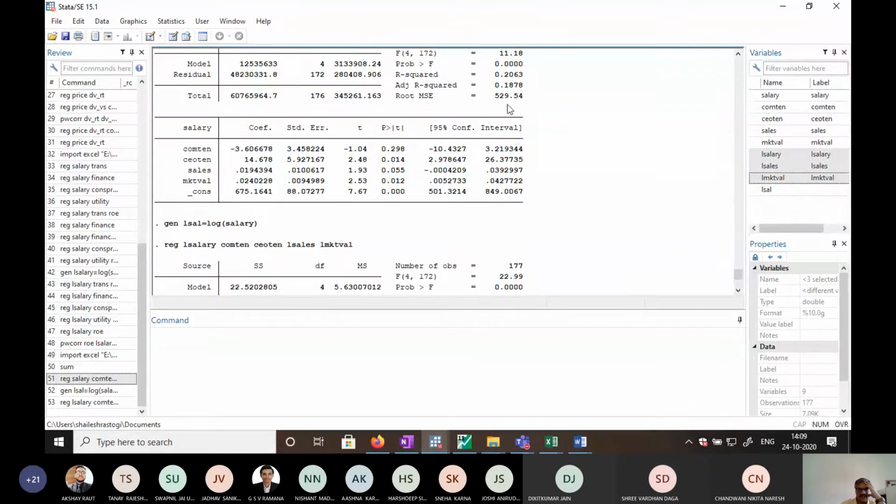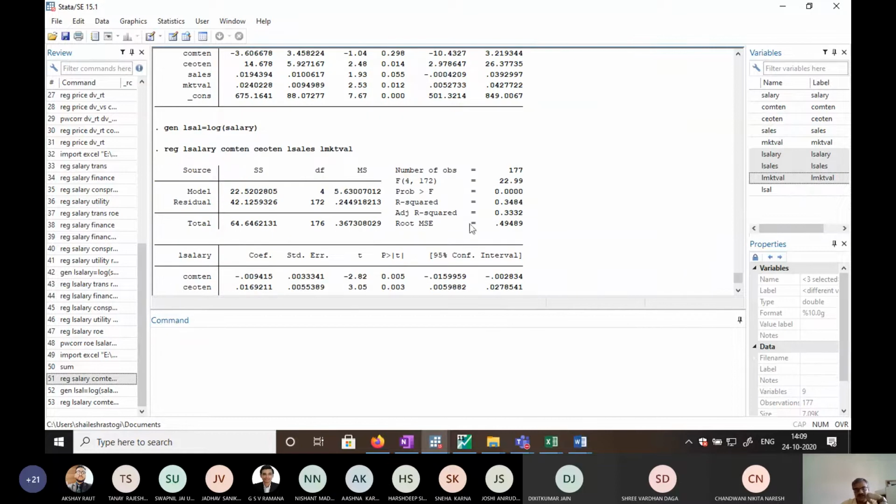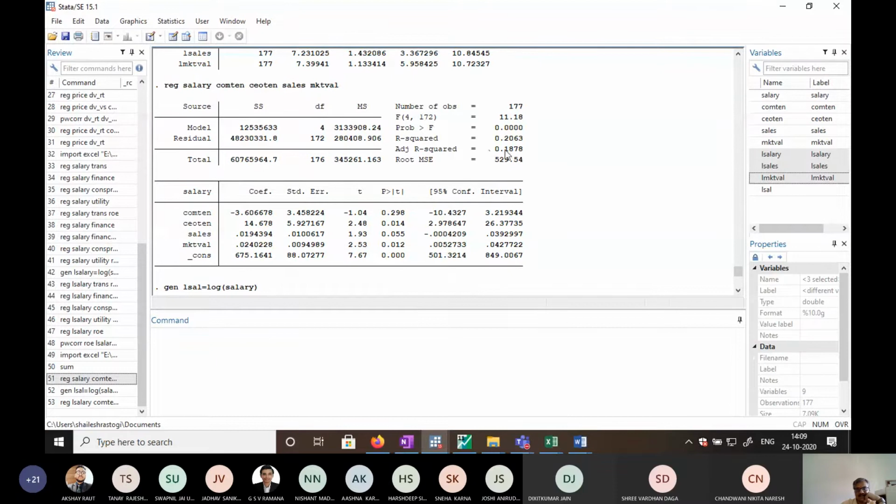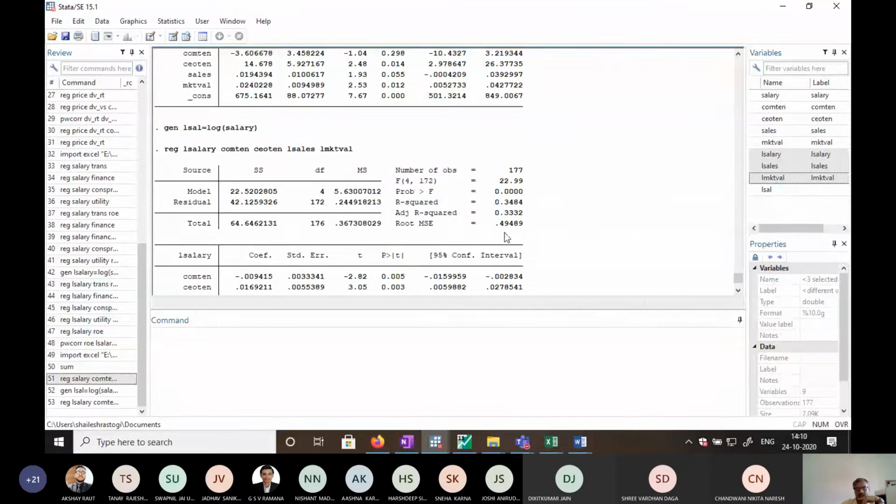There is nothing like R square, where 0 is lowest and 100% is highest, but right now we have two cases, so we can compare. The adjusted R square is now 33%, earlier it was 18%, so the R square has improved. The root mean square error, or standard error of the regression, was 529, and now it is point something. So it is a considerable change in the standard error of regression.